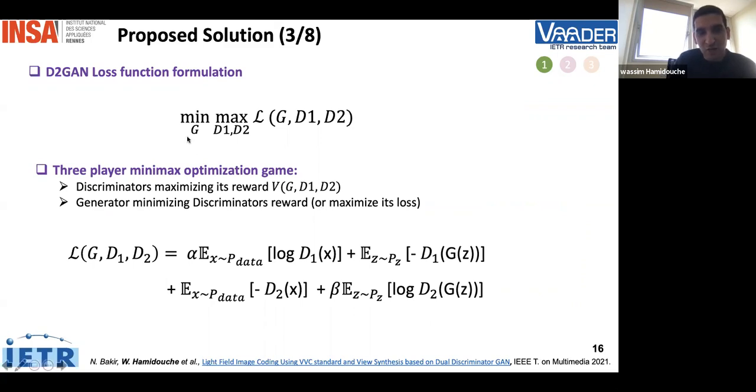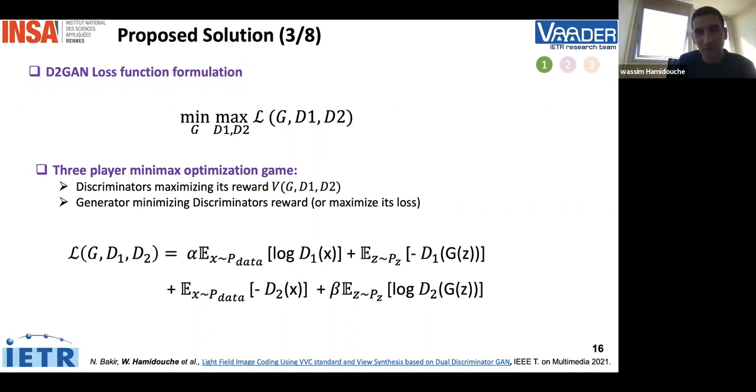So the idea is to minimize the loss function of the generator, and maximize the loss function of the two discriminators D1 and D2. And this loss function is given here as the weighted loss function of these three components. So this synthesis block will enable us to synthesize all the no reference views, which are represented in the blue color.